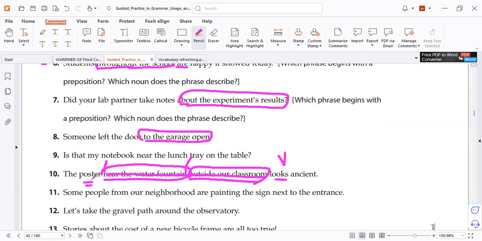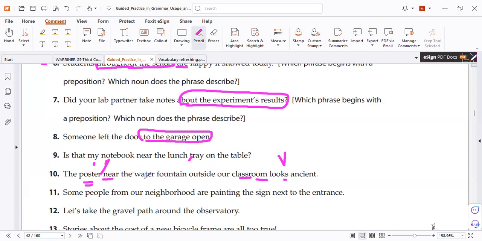How about the adjective phrase? It comes after a noun. If we change the positions of the phrase, this phrase comes after poster and near after classroom. If you change the placement, you will find the poster outside our classroom, near the water fountain. That means my classroom is near the water fountain. But how? The classroom near the fountain, what logic?